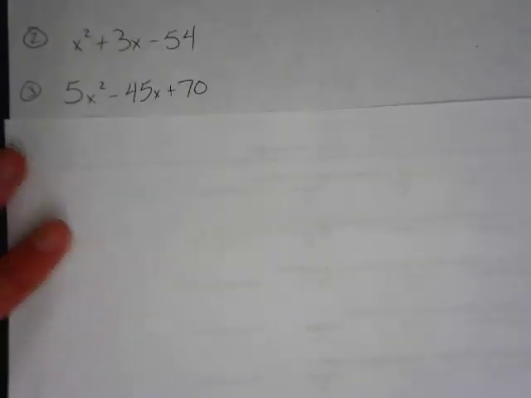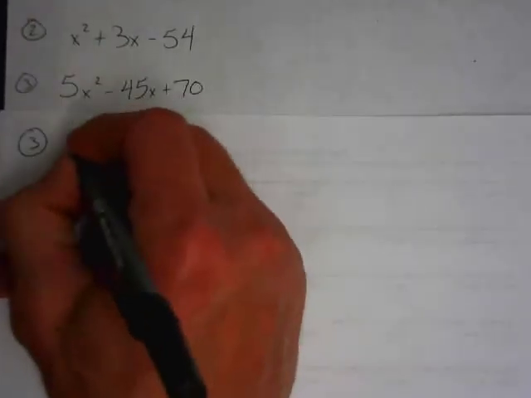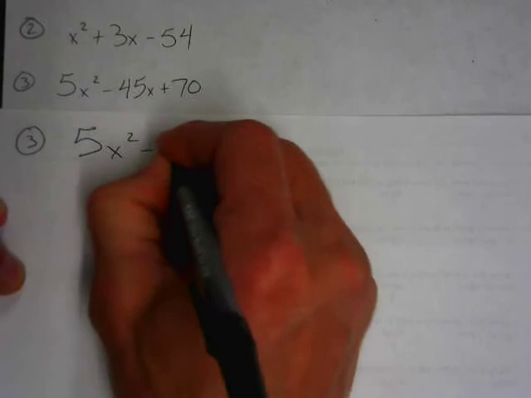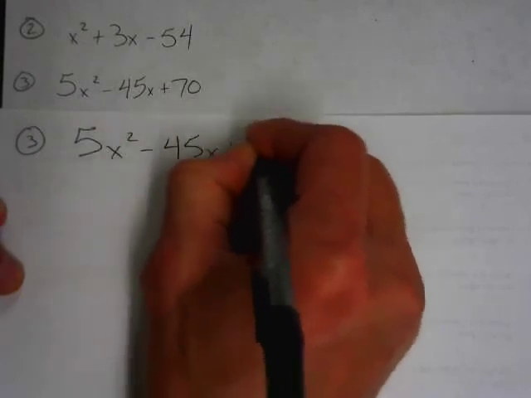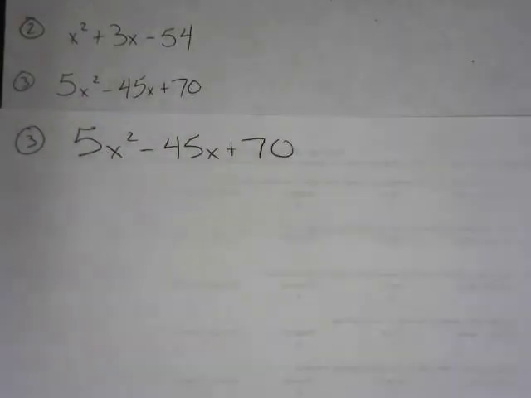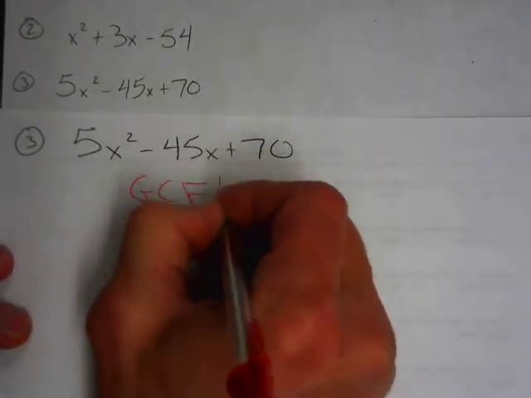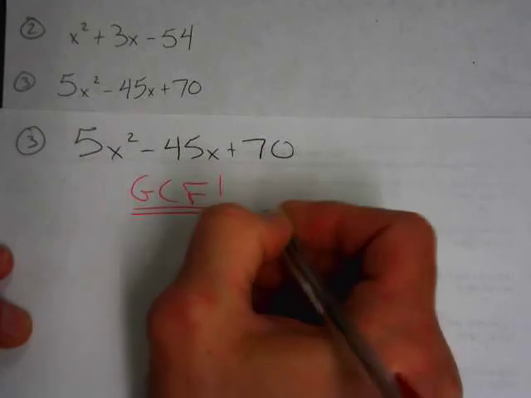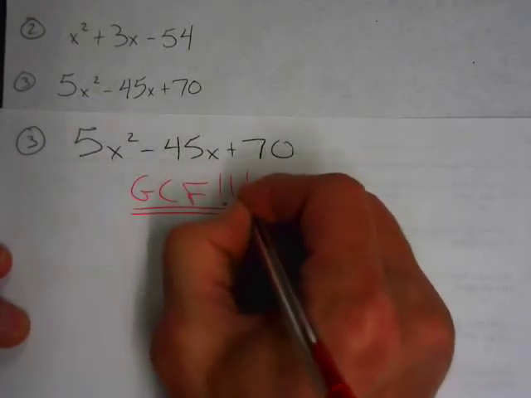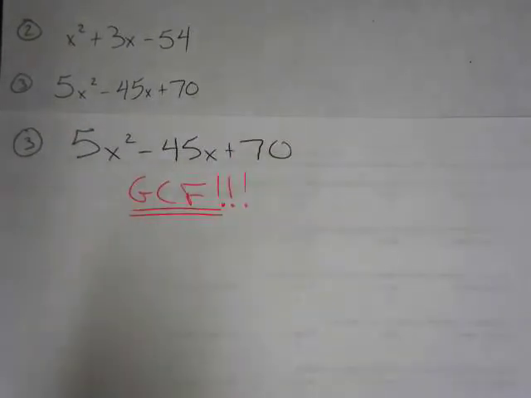Number 3 is interesting. So we look at number 3, and we say, okay, well, we have 5x squared minus 45x plus 70. Notice anything cool? I hope you do. Hopefully you notice there is a greatest common factor. GCF, exclamation points.